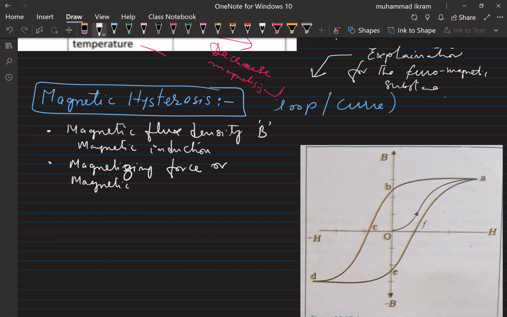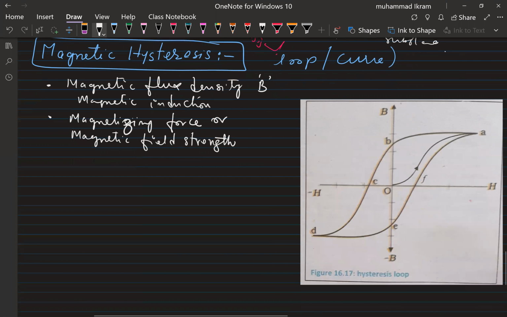This is very easy, and it has already been explained, but here we denote it by H. And this H is in fact equal to what? Since we know that B is equal to mu naught times H.